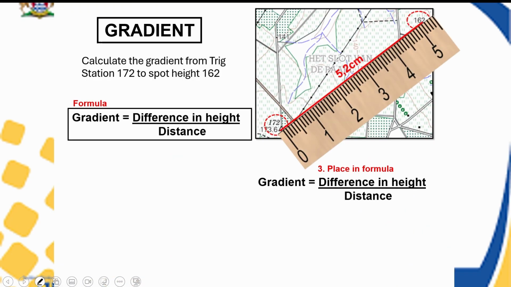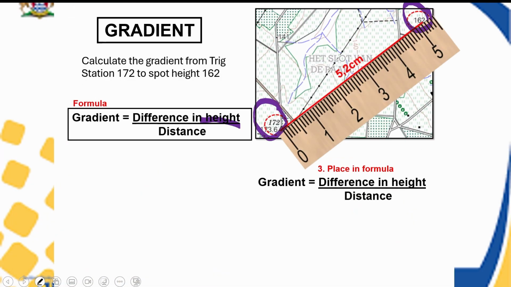Now let's calculate the gradient between trig beacon 72 and spot height 162. You need to make sure that you put your ruler straight from the point of the trig beacon at the center, up to the spot height. Then you will have your correct answer. In terms of the formula, you know that the gradient is height divided by distance.